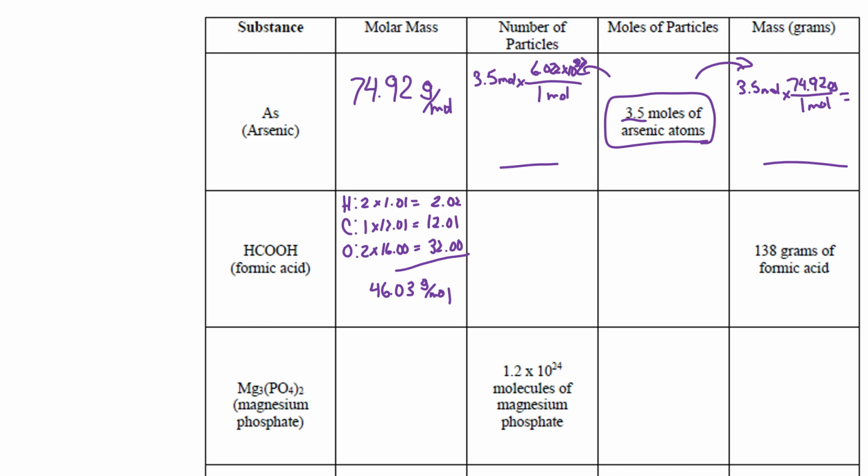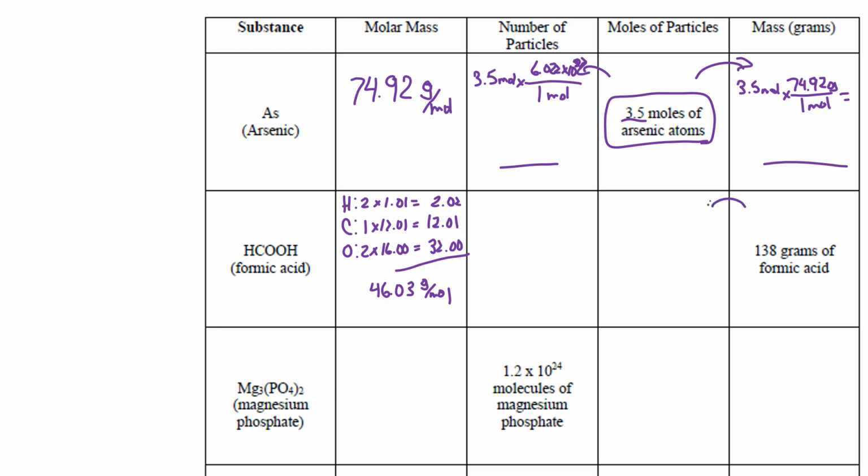Now, looking at this one, based off the information I have, can I solve for particles first? No, I can't. Not having a mass and a molar mass, I can't solve for this yet. I can solve for moles.